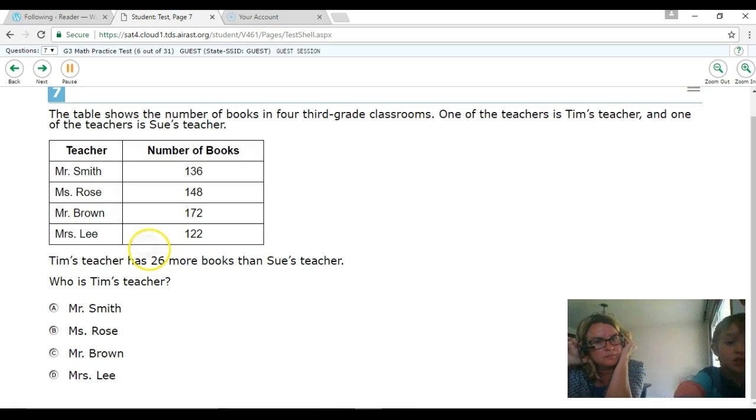Well, 26 plus that one would be the same amount as that one. Okay, so who are the two teachers? Mrs. Rose and Mrs. Lee are the two teachers. Tim's teacher has 26 more books than Sue's teacher. So, which one is Tim's, Mrs. Rose or Mrs. Lee?